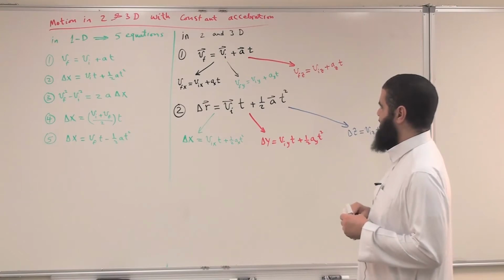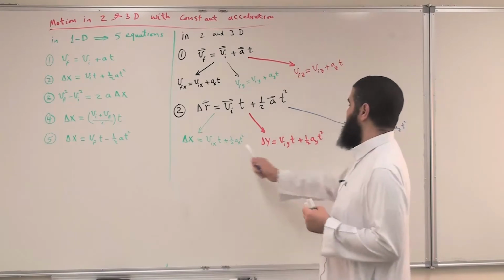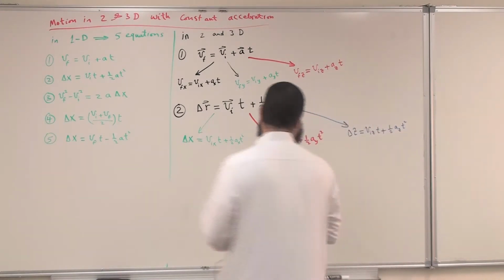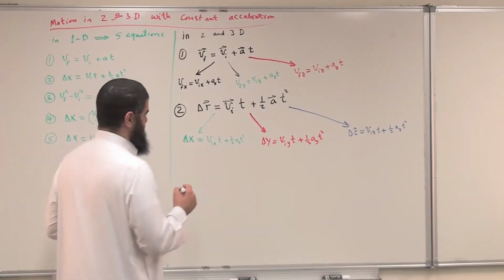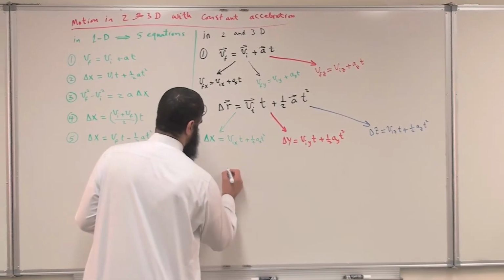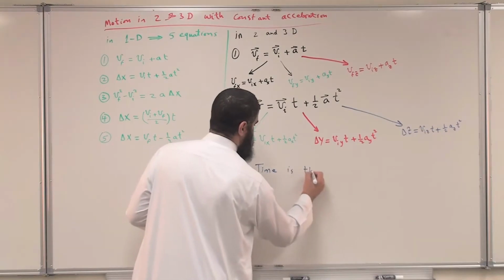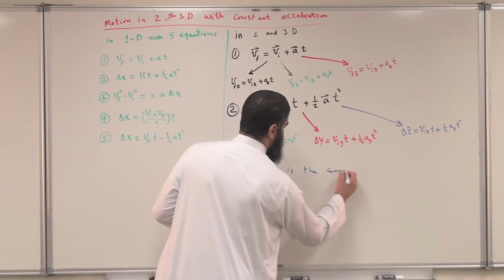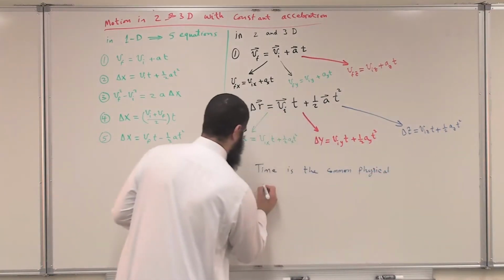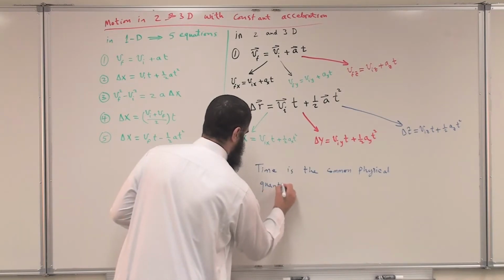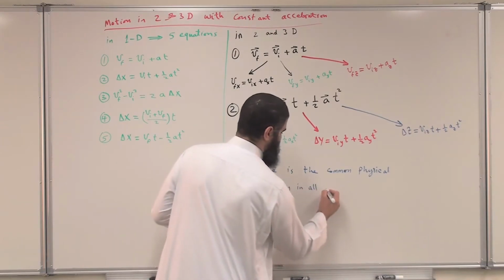We have to notice one thing here: the time is the common physical quantity in all three components of each equation. This is a very important rule, and we have to highlight it here. So notice that the time is the common physical quantity in all components of the equations.